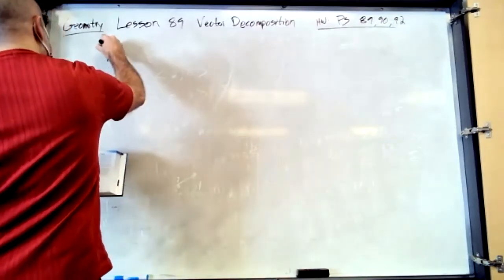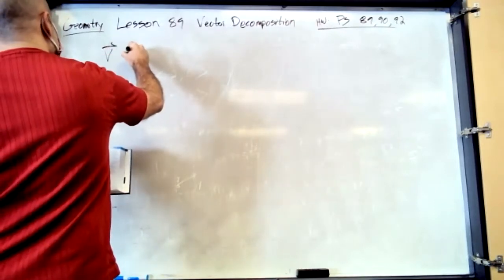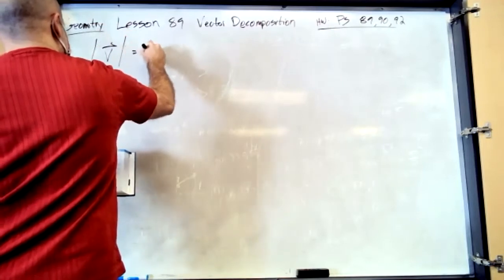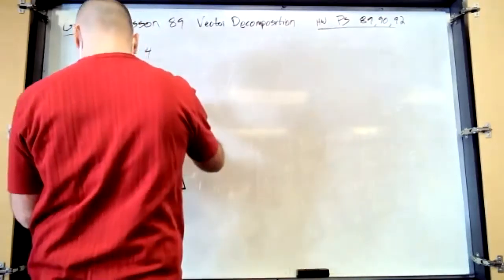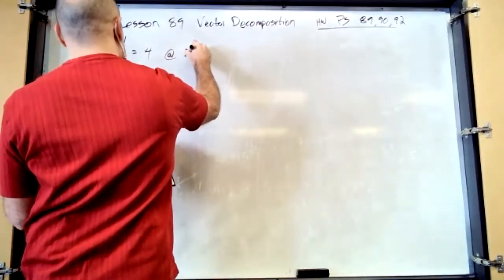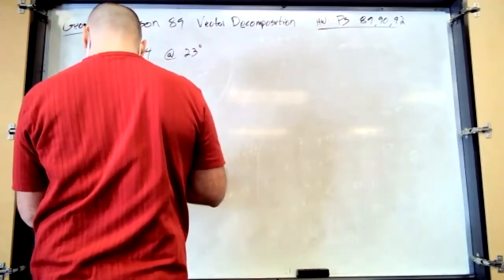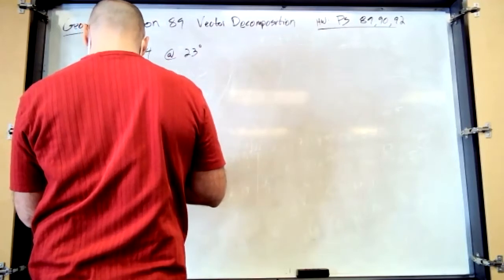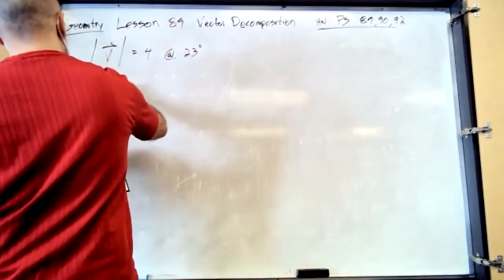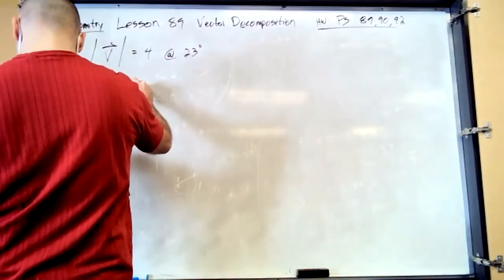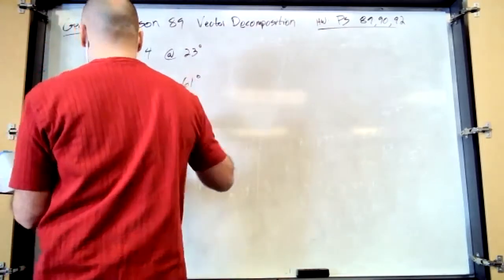Okay, so vector V has a magnitude of 4 at a 23-degree angle. Vector W has a magnitude of 7 at a 61-degree angle.